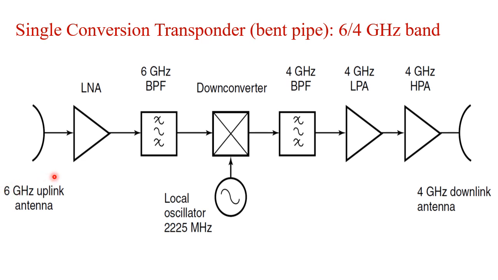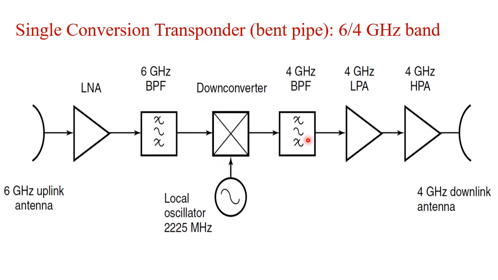Not only that, it would be easier to down convert the signal. So if we use 4 gigahertz here and 6 gigahertz as downlink, then we have to use some kind of up converter, and it is comparatively difficult to generate an up converted signal.